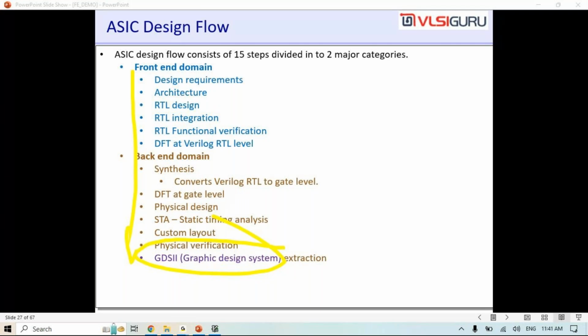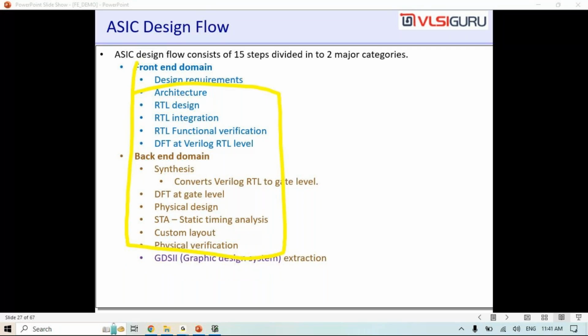So, in summary, whatever work you have done, the whole thing, goes into this single file, the GDS2 file. This is similar to an MP4 file. What is an MP4 file? The entire movie is present in MP4, right? Starting from the title till the end, everything is there. Audio, video, everything is there, right?